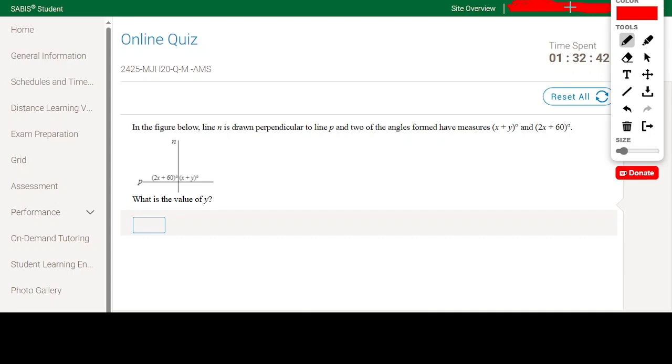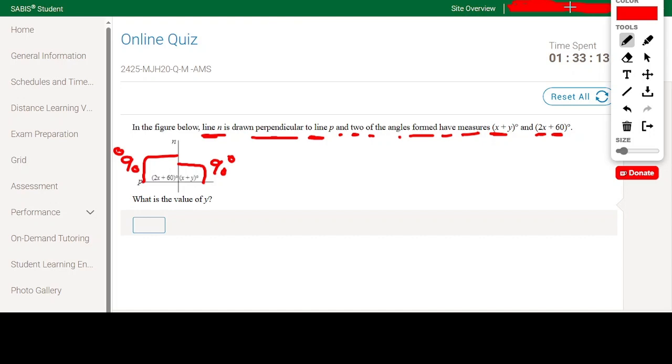In the figure below, line N is drawn perpendicular to line B. Perpendicular to line B means this angle will be equal to 90 and this angle will be equal to 90, because line N is perpendicular to line B. And two of the angles formed have measures x plus y and 2x plus 60.